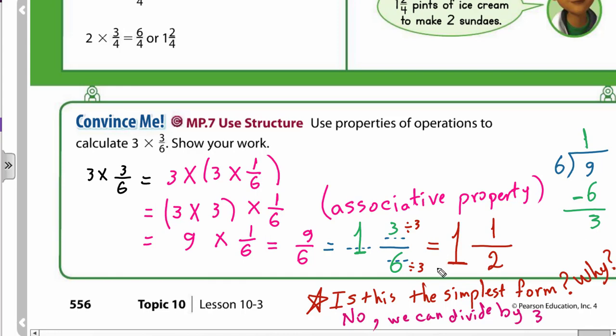Muhammad, great work. Thank you, my hero. Okay, my heroes, this is an extra step that we can do to get the simplest form. So the answer is 9/6 or 1 and 3/6 or 1 and 1/2.